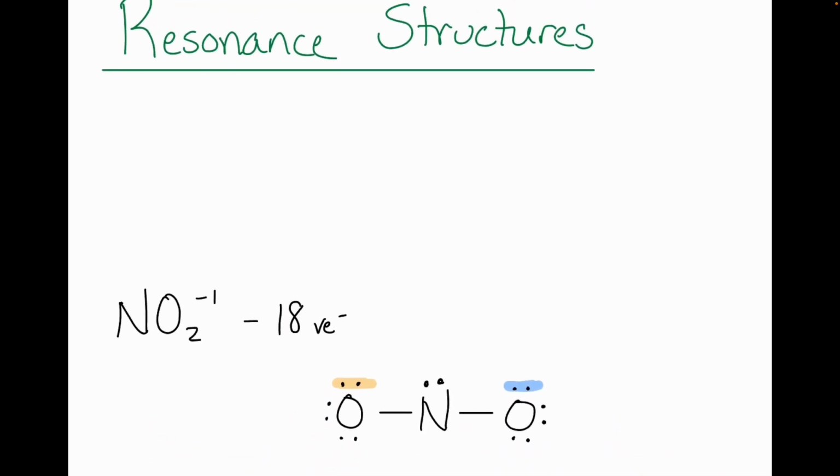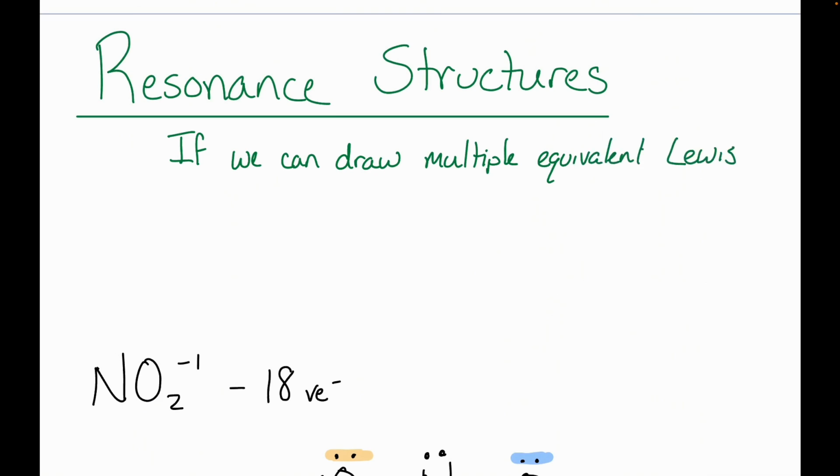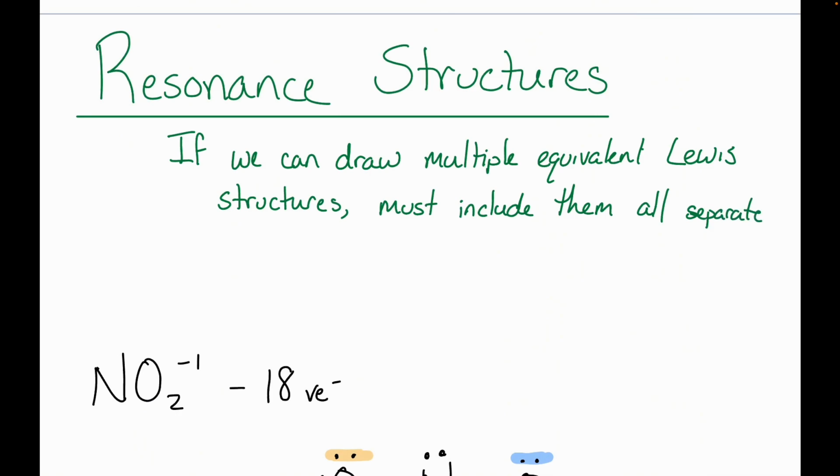Okay, so for resonance structures here, if we can draw multiple equivalent Lewis structures, we must include them all, separated by that resonance arrows.